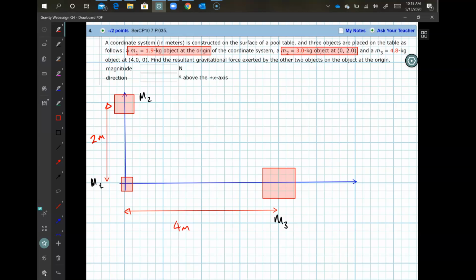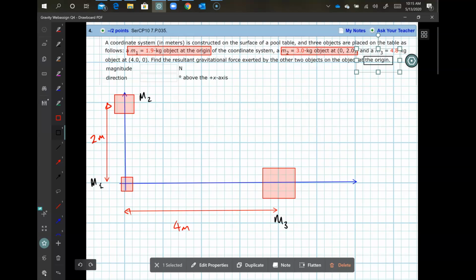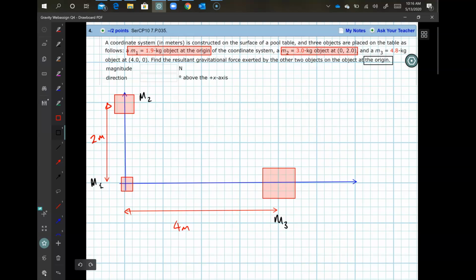But what we're being asked to find is the resultant gravitational force on the object at the origin. So, in other words, we need to know the combination of the 2 forces on this object here at the origin. So there's going to be 2, right? There's going to be one force upwards.